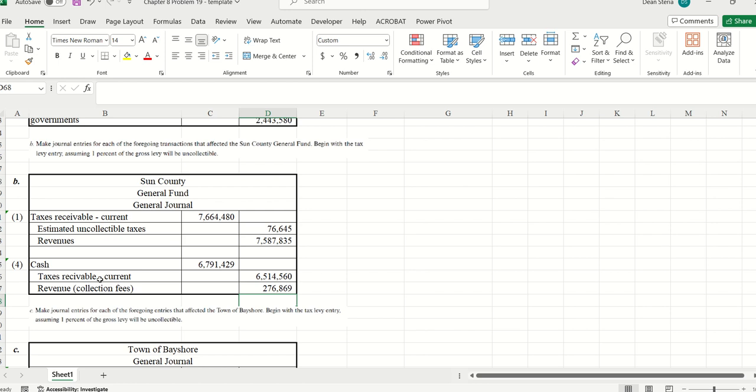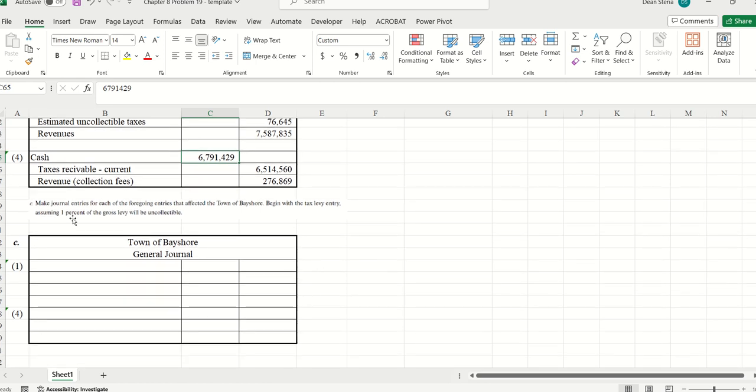Okay, so this is our deduction of taxes receivable current. We have revenue of the 2% that we collected. So that means we paid out that much.